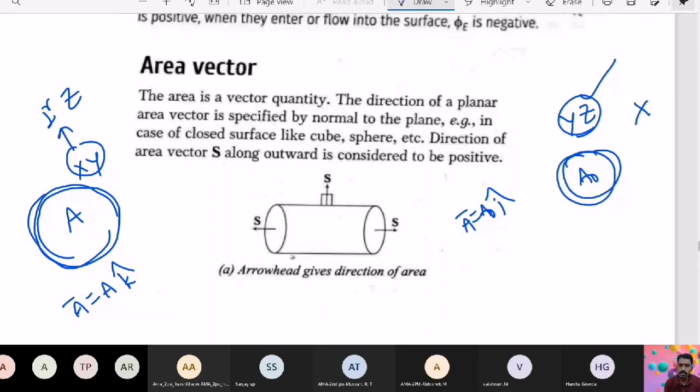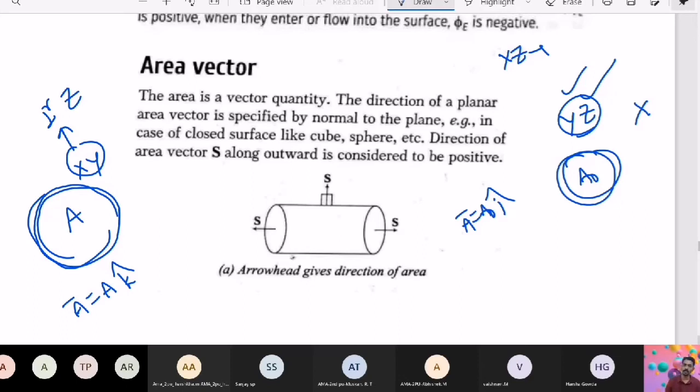So always consider the area vector such that the area direction is perpendicular to the plane of the surface. If the plane is in the xy plane, then z direction. If the plane is in the yz plane, x direction. If the plane is in the xz plane, then y direction. Like that, you must be able to understand the direction of the area vector.